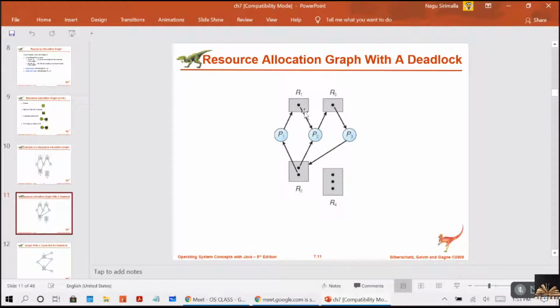When all the resources have only one instance and there is a loop, I can clearly say that there is a deadlock. But if your resource has more than one instance, even though there is a loop, there cannot be a deadlock.